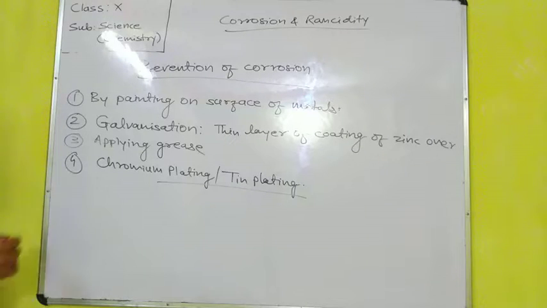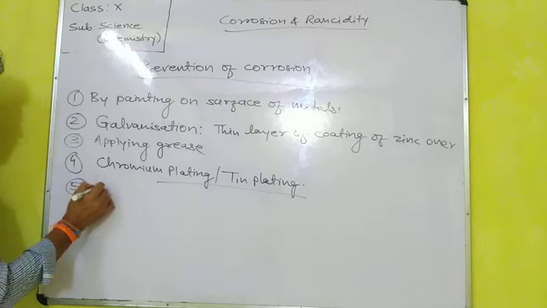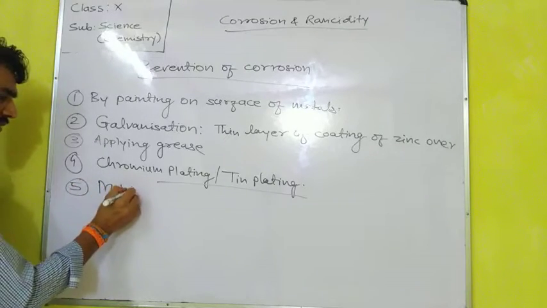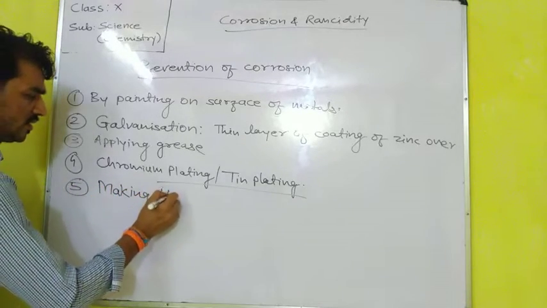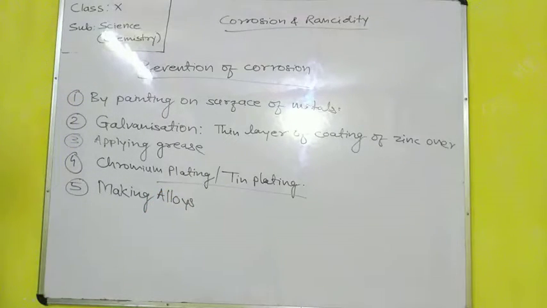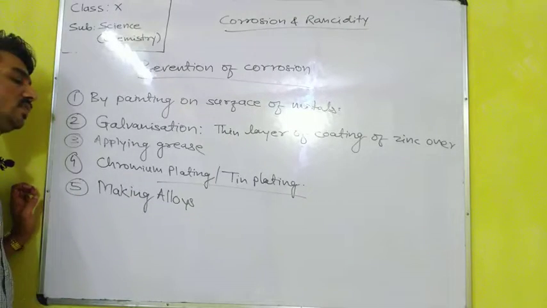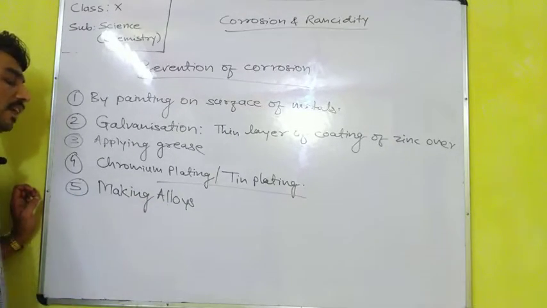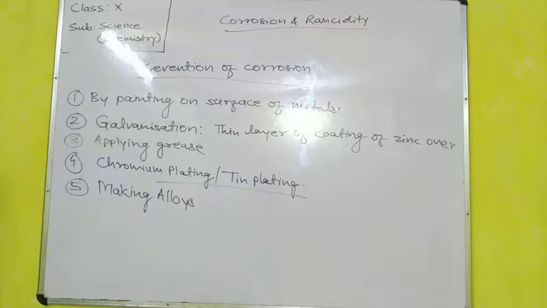Next, making alloys. An alloy is a homogeneous mixture of a metal with two or more other metals or non-metals.